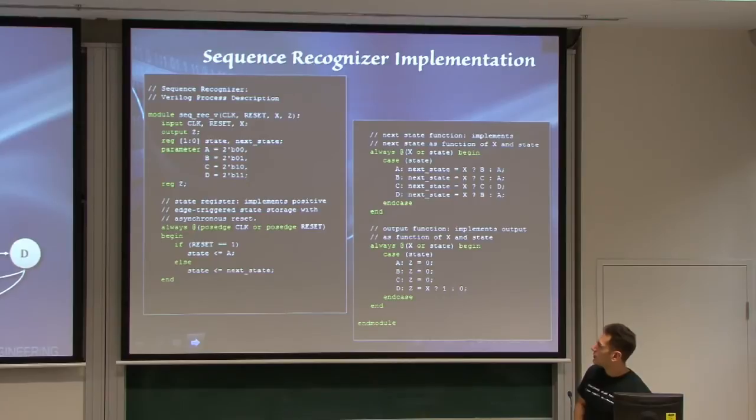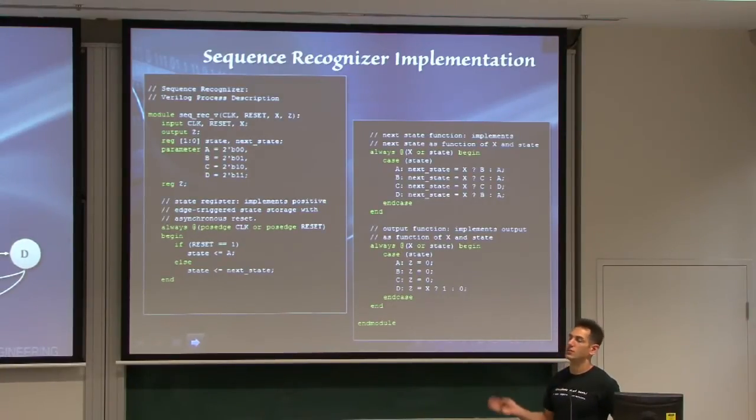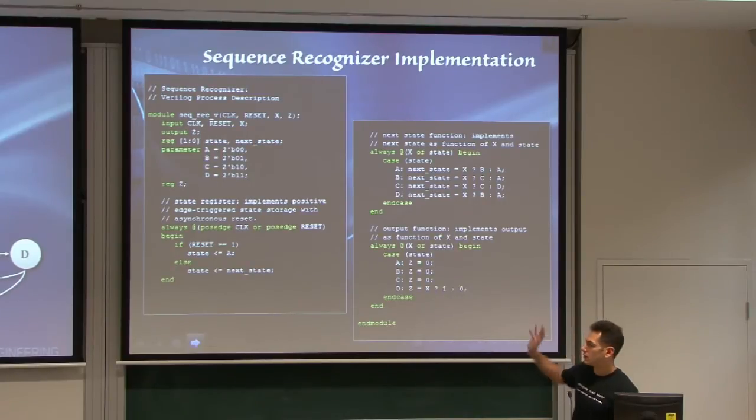Nowhere does it say what types of flip-flops I need to use. It doesn't say what combination of logic will actually transition me from one state to the other, obviously because this will depend on the flip-flop type. It doesn't specify much in terms of the implementation, but it does specify the behavior of how the state machine should behave.